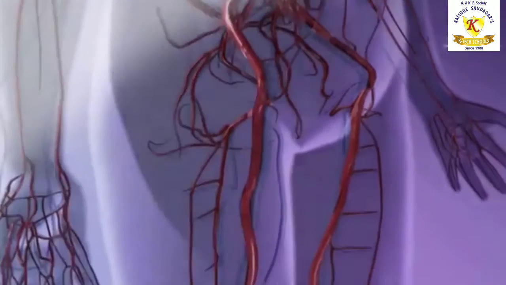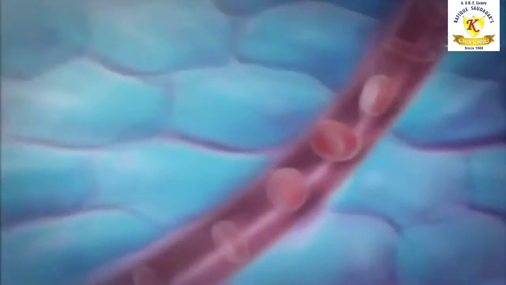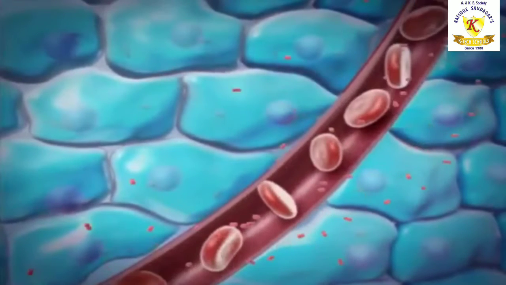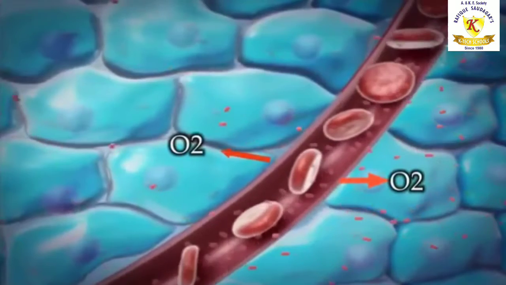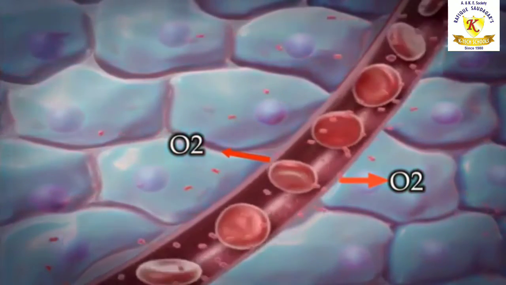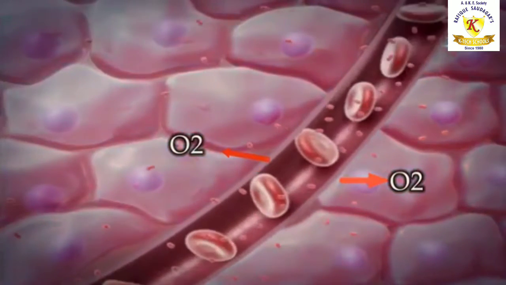At the narrow capillaries within the body tissues, red blood cells release oxygen, which then diffuses through the capillary walls into the tissue.